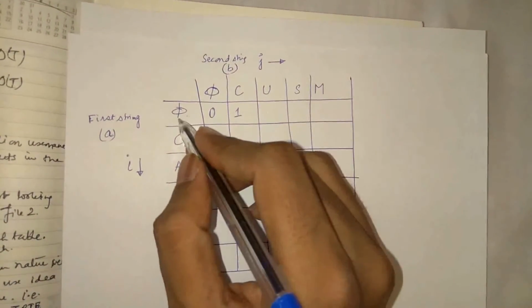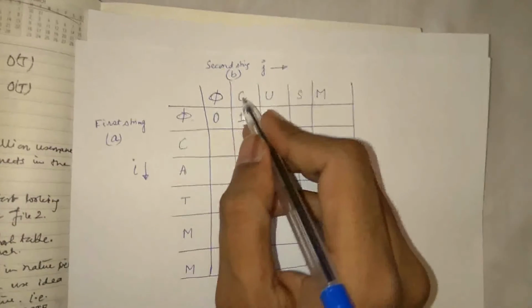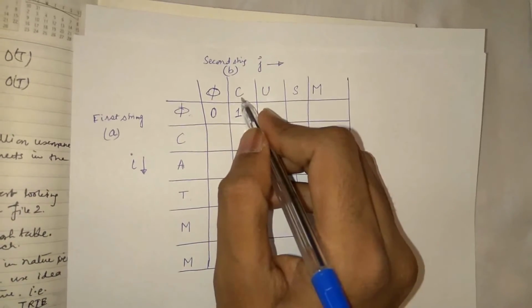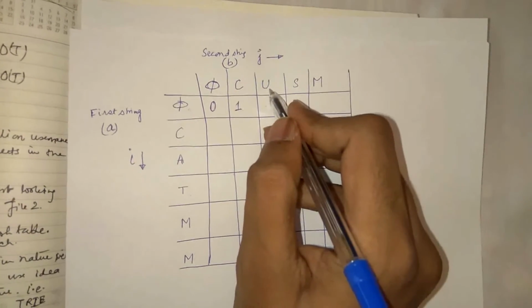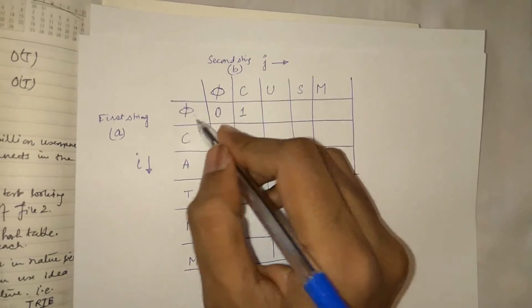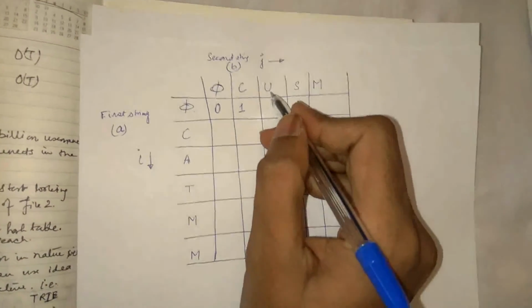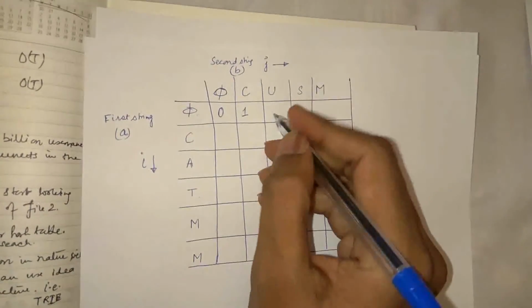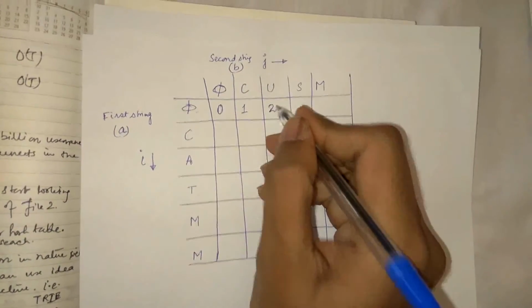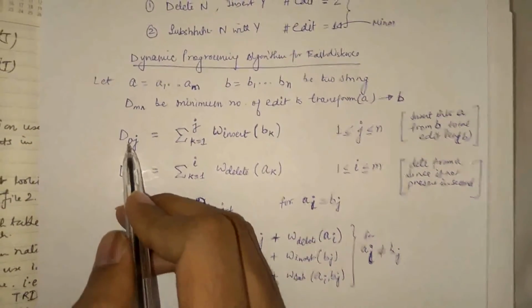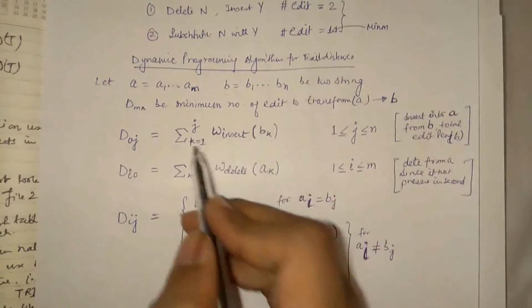For this, the first string is null and the second string, so far we have encountered C and U also, right? So for C, insertion took place, cost 1. For U, insertion took place, cost 1. So 1 plus 1 is 2. Now if we go by our recurrence relation, if we don't have any first string, what is the insertion cost in the second step?